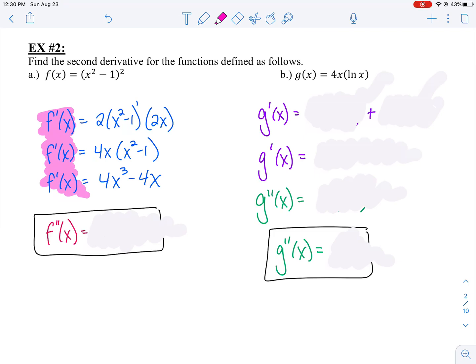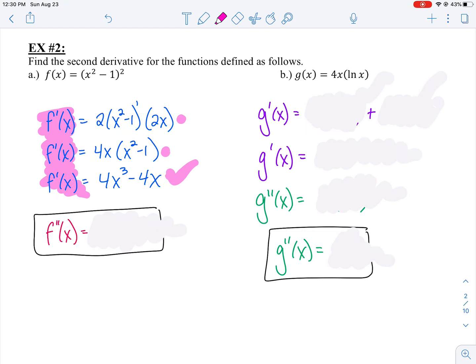But they asked me for the second derivative. So now that I have the derivative written in as nice a form as possible, that's why I didn't stop here or here. I tried to make it look as nice as possible because I knew that I was going to take the derivative again. We always want to try to simplify as much as we can so it gives us less work to do later.